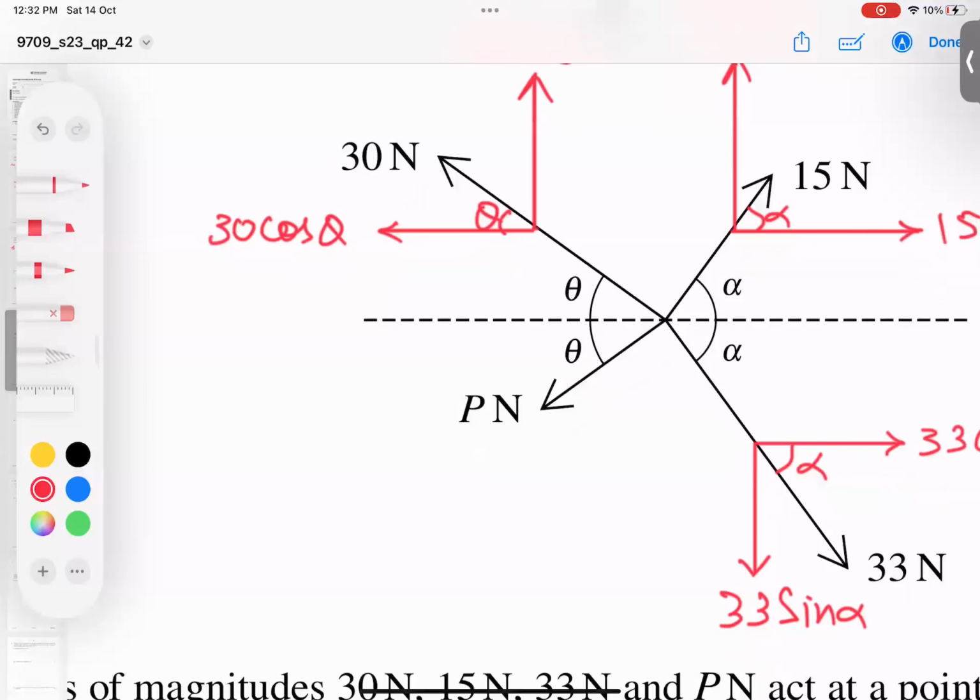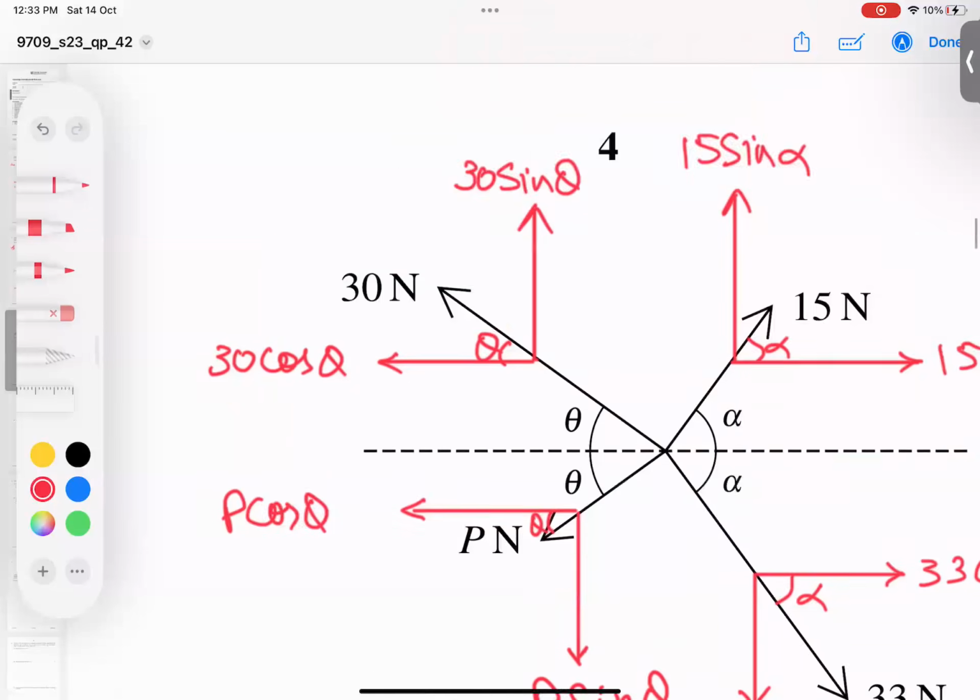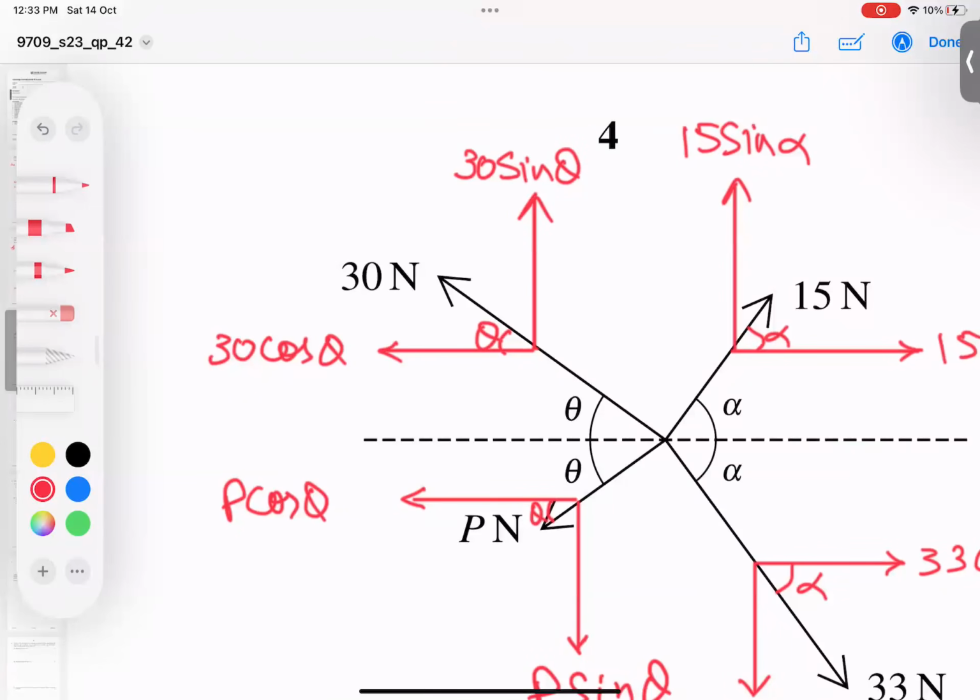And in the same way, you can go for this force as well. One force acting here and one force acting here. Again, this theta is given, so I write theta here. So this becomes P cos theta. This becomes P sine theta. I think up till here, not a big trouble. Okay, let me recheck. Correct.